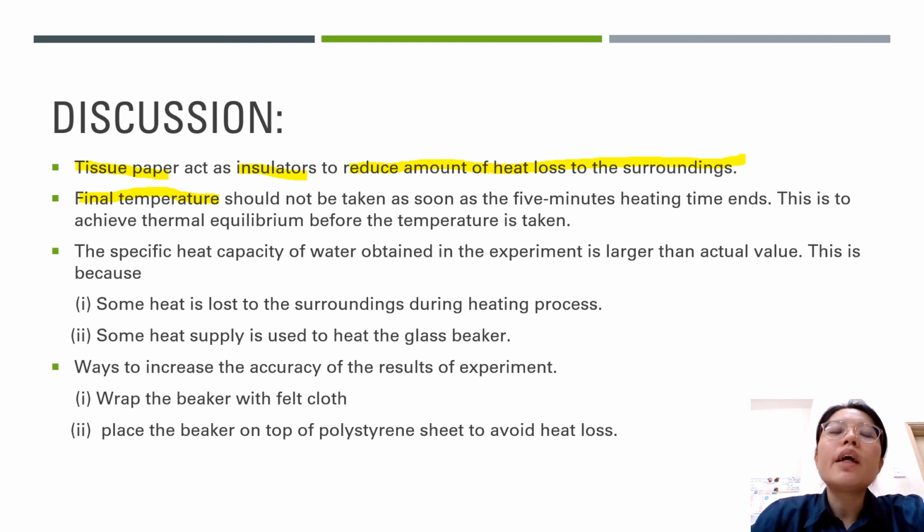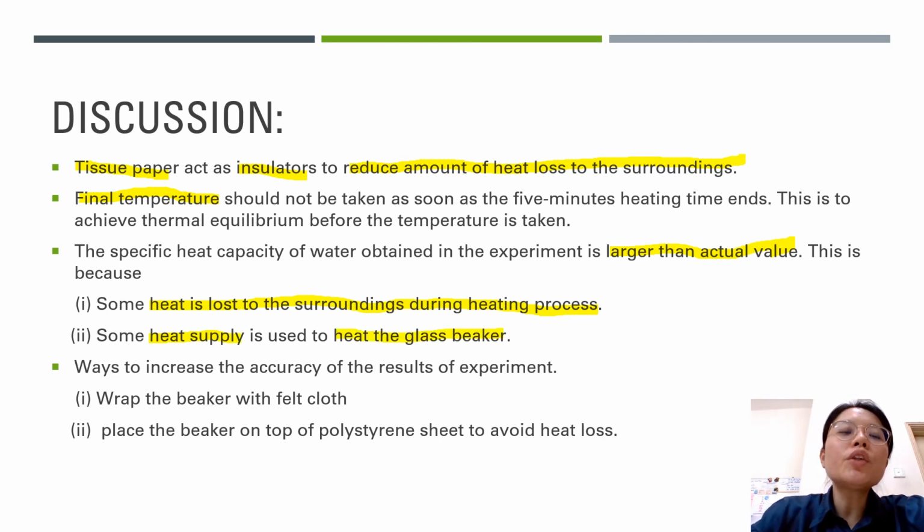Next, actually, whatever specific heat capacity of water that you obtain from the experiment is larger than the actual value. Why? Because actually the heat is lost to the surrounding during the heating process. Maybe some of the heat supply is used to heat up the glass beaker.